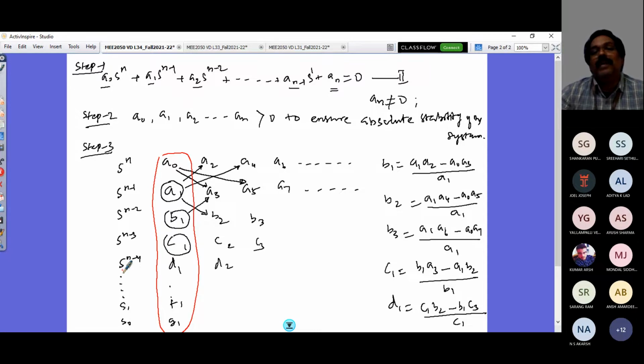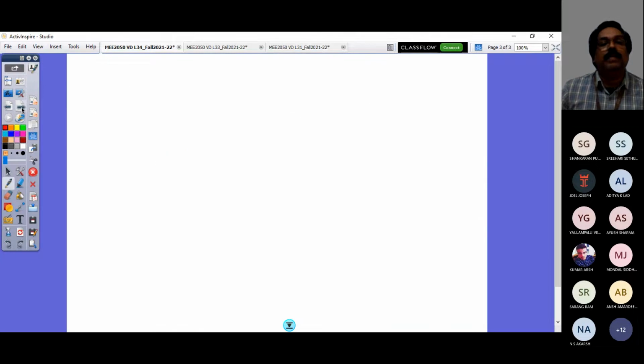Then the system would be unstable, right? So that is the reason why you should carry out this procedure. If you have understood this procedure, let's look at some simple example and then we will do our stability analysis.